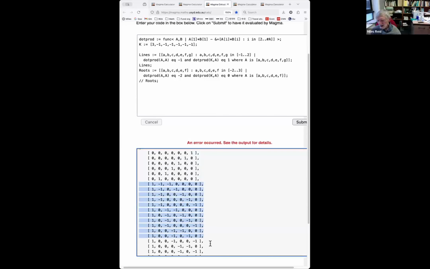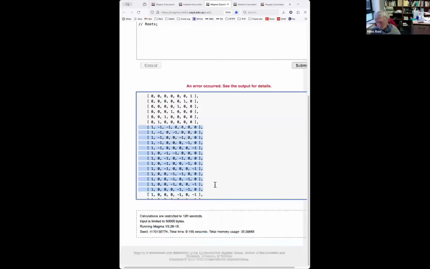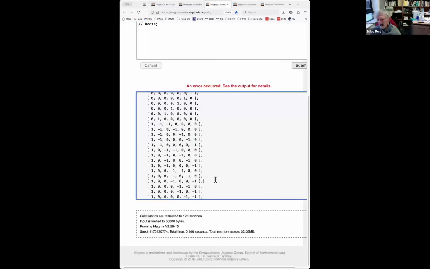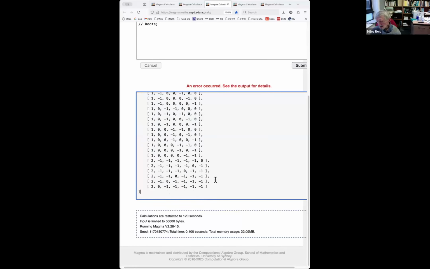Here are 15 lines that meet. 5 of them meet L1, 5 of them meet L2, and so on. And then here are the other side, these are the 6 Nij, the other side of the Schläfli double six. Yes?